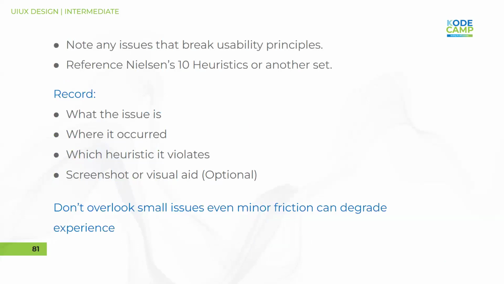Note any issues that break usability principles, and always reference Nielsen's 10 heuristics or any other better heuristic principles that are out there. So what should you record? Record what the issue is, where it occurred, which heuristic it has violated, and optionally you can bring in screenshots and visual aids to help you solve the problem.